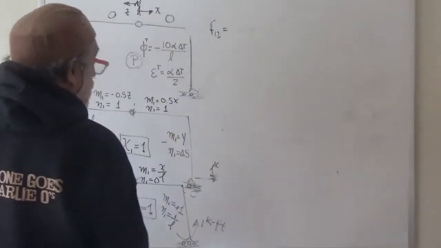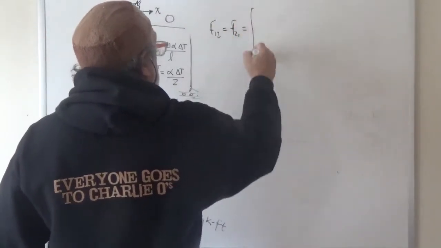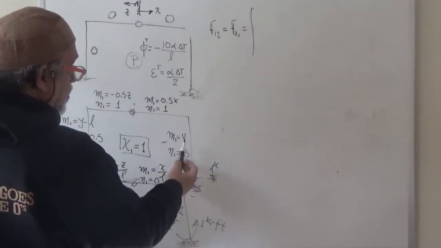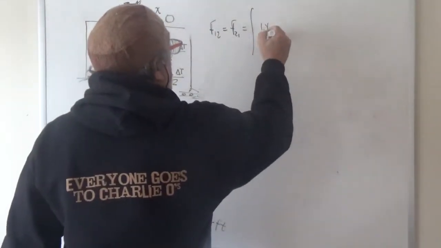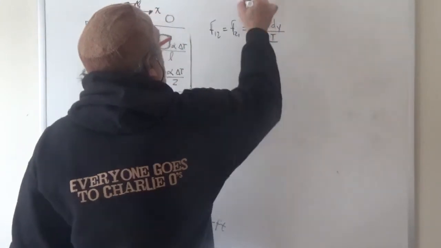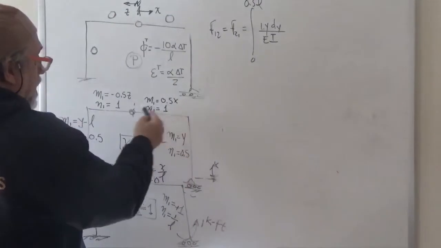Same thing as sketch 2 times sketch 1. So that's F12 or F21, equal to the integral of 1 times y dy over EI from 0 to 0.5 L. Bending on this bar.